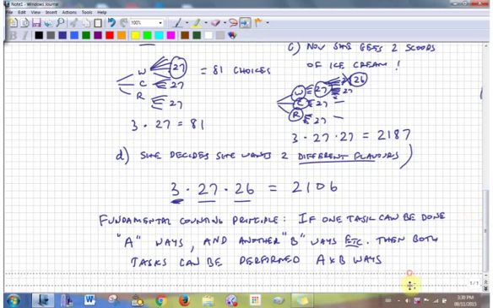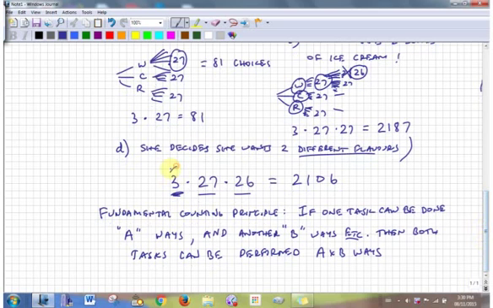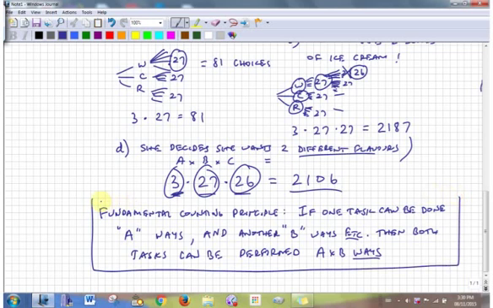Choices. Okay, if I have 3 choices, and then I have 27 choices, and then I have 26 choices, the total number of ways or choices is A times B times C ways. Okay, that is the fundamental counting principle.